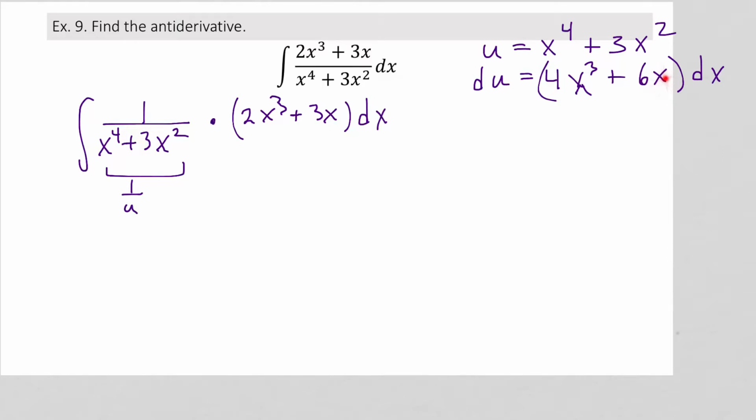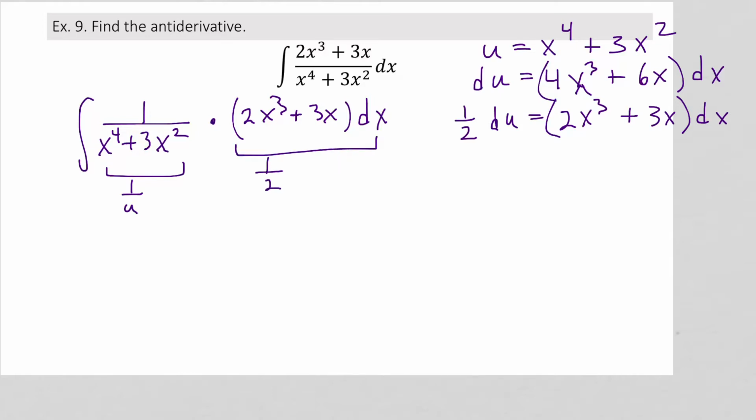So I need to divide by 1/2, basically, to get it to be 2 and 3, which is what we want. All right, so now this part over here is 1/2 du.